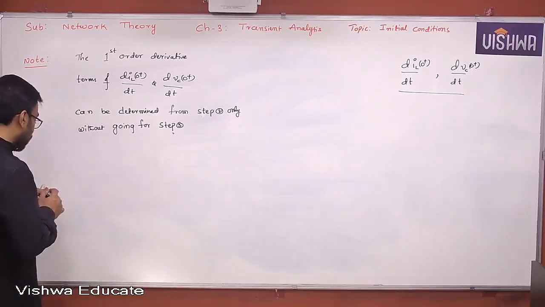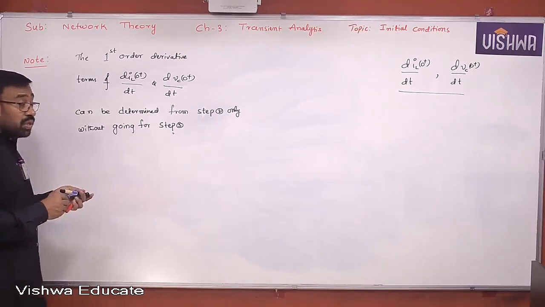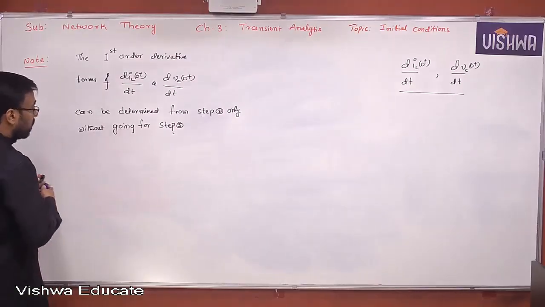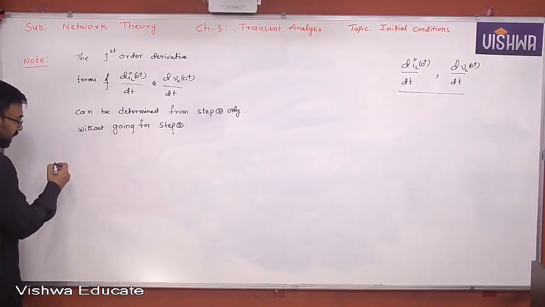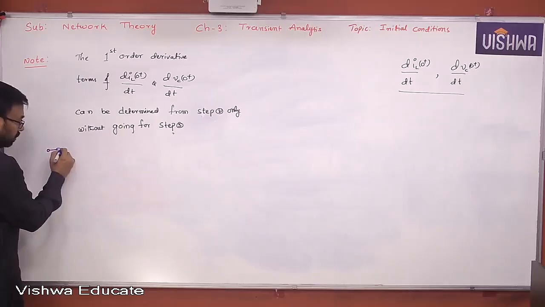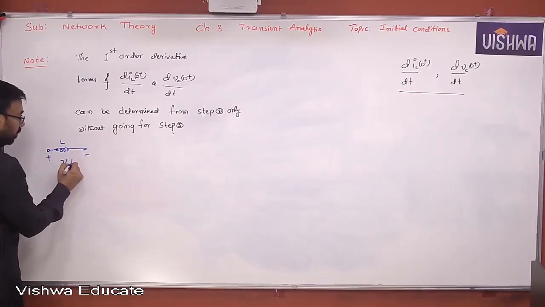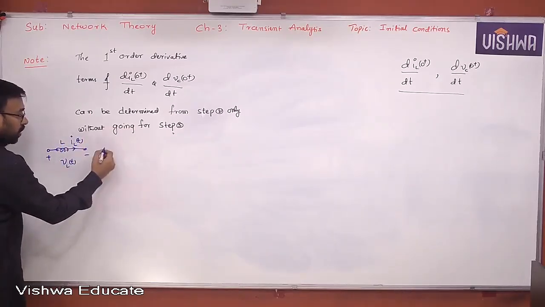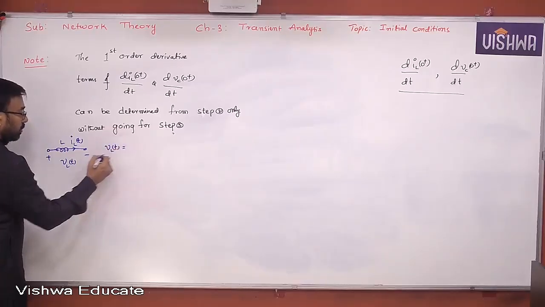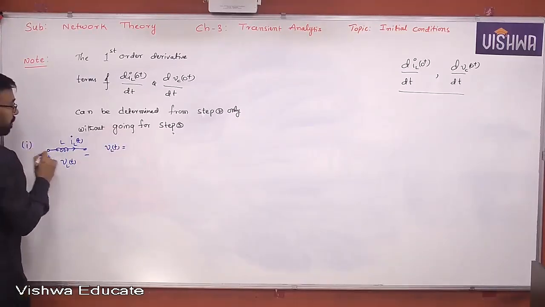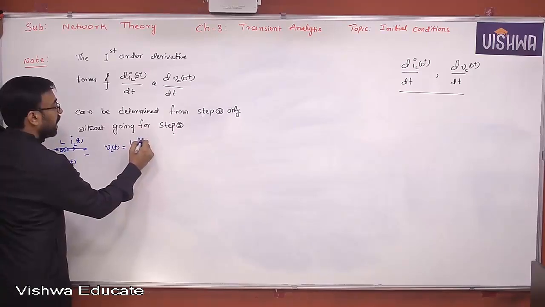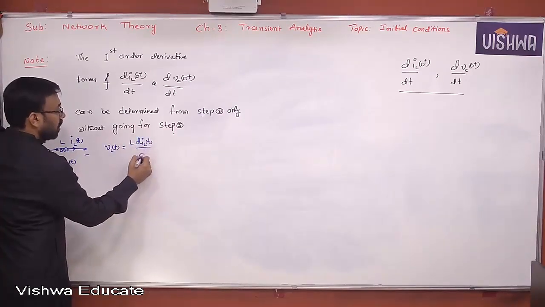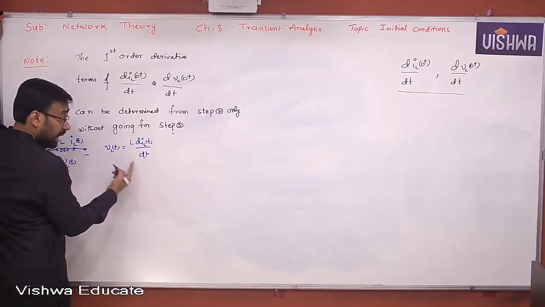Okay, how is it? Let us look at this. Let me justify it, because I gave a statement, I need to justify it. You know that in case of inductor L, with voltage VL of t and current IL of t, we know that VL of t is equal to L dIL of t by dt. Is it not a differential equation? Yes, definitely.